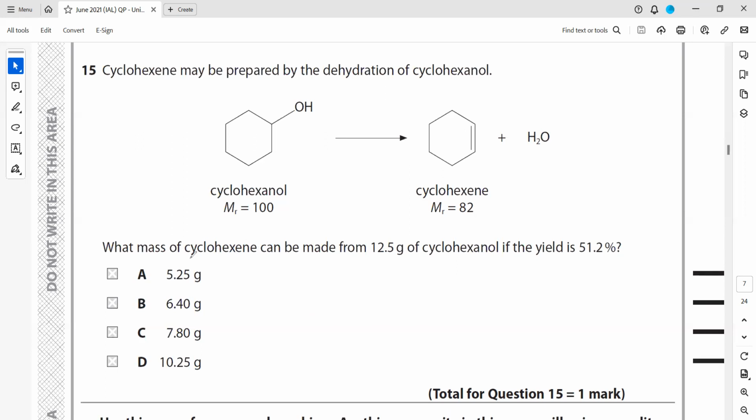We want the practical mass. So if 100 gives 82, then if we have 12.5 grams, how much will it give, X? So cross multiply.